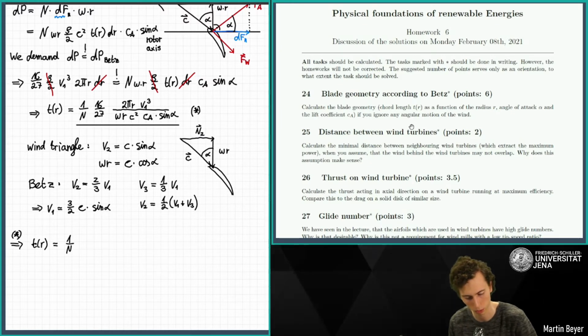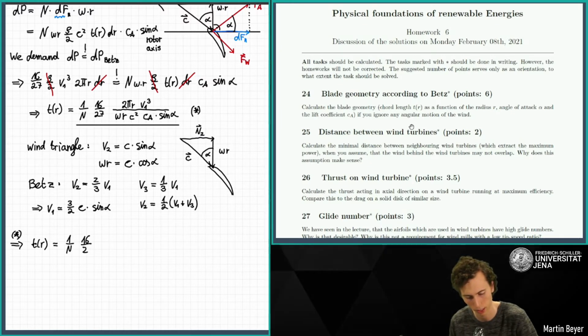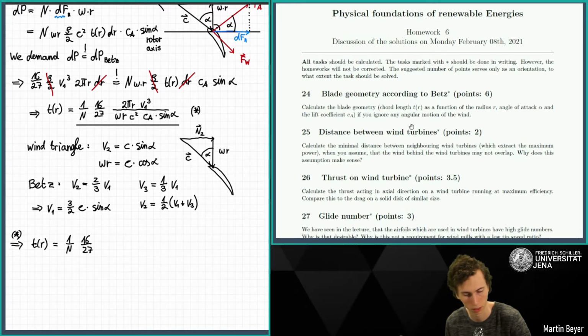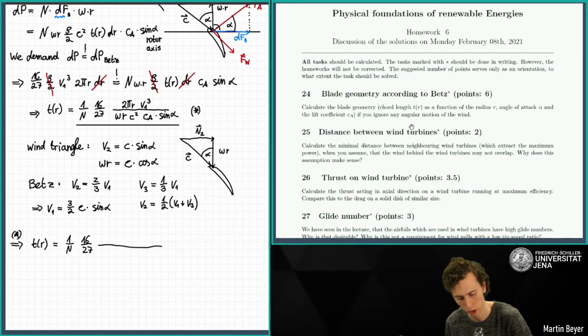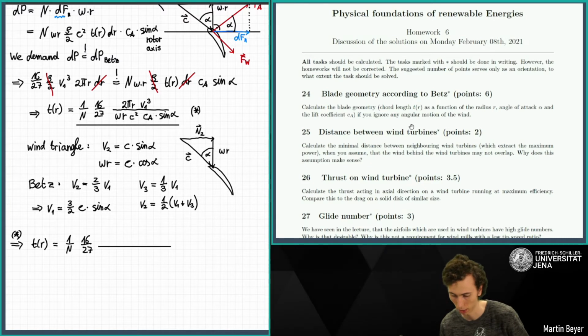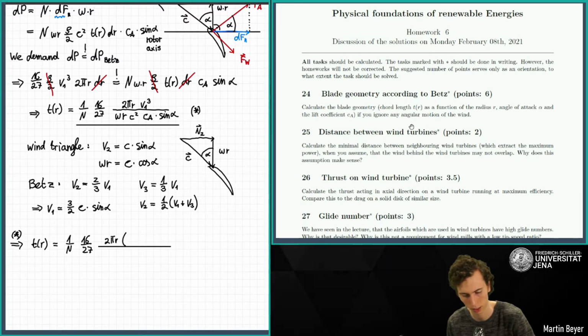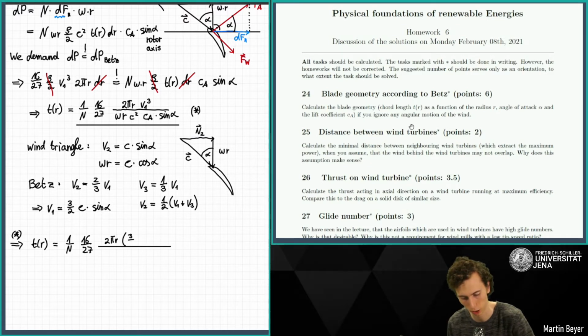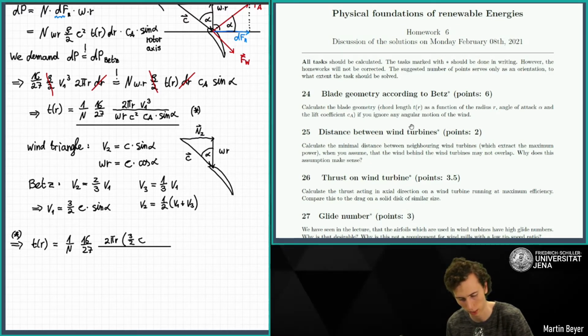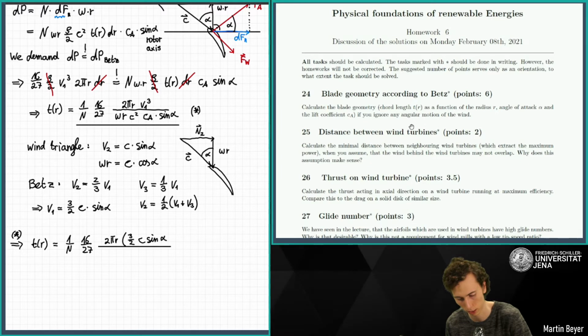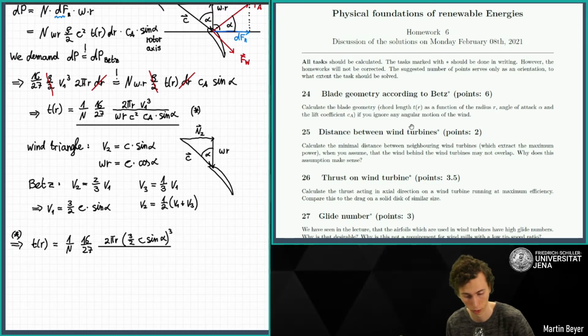This stays the same. Also the 16 over 27. Now we have again the fraction here. And we have this 2 pi r again. And now 3 over 2 c times sine of alpha cubed over.